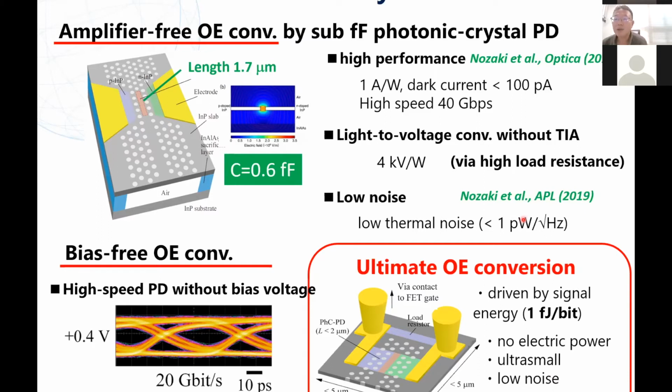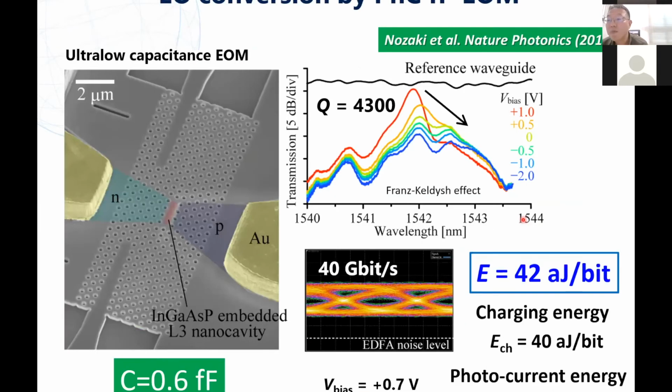Next, I show you our recent work for EO conversion, namely an EO modulator. Here again, we achieved an extremely small capacitance of 0.6 femtofarad because of this photonic crystal design. And it can operate at 40 gigabit per second.